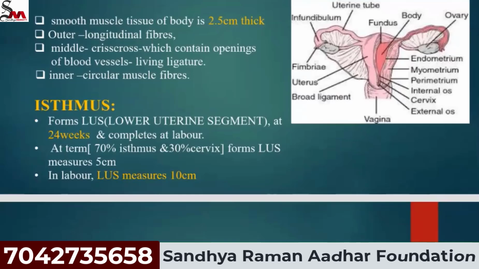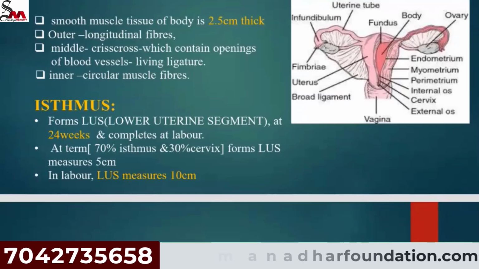At term, 70% of the isthmus and 30% of the cervix forms the lower uterine segment. The lower uterine segment is an important part during pregnancy. At full term, not the complete isthmus, but 70% of it, and the remaining 30% from the cervix, forms the lower uterine segment, and it measures about 5 centimeters.